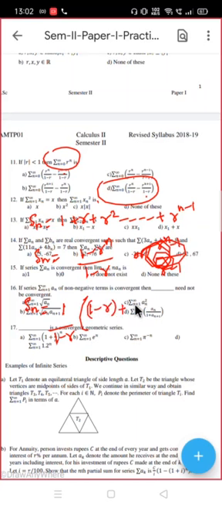The second term is r minus r square, correct. And the third term is r square minus r cube, correct. Can you tell me what the nth term is?